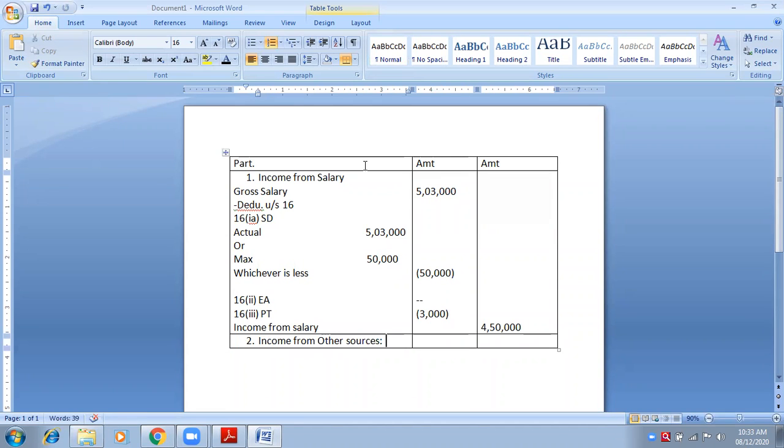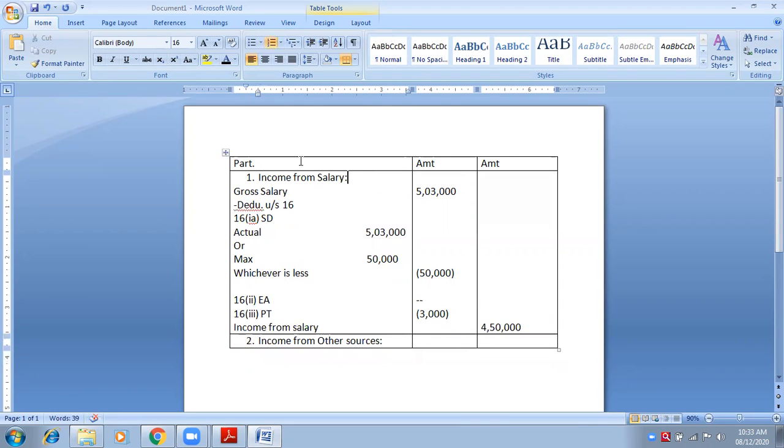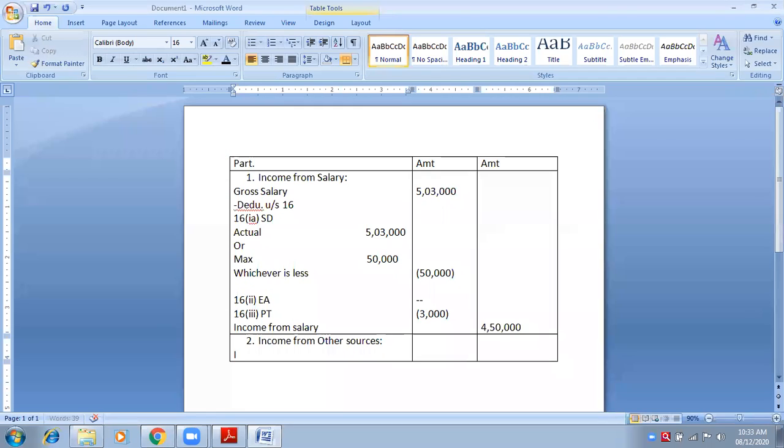And then we can directly start. What all incomes will be taxable, we will write here. See, other incomes. Interest on bonds issued by a trading company, 4,500, fully taxable. So I will write here interest and the rest of the amount; you can complete it later.